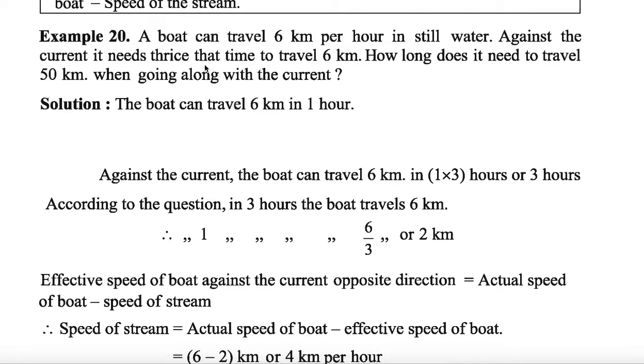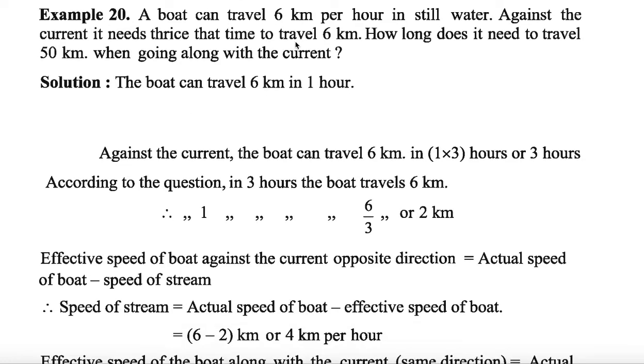So time became 3 times. That means the speed reduced by a factor of 3. So the effective speed is nothing but 2 in this case, that is 2 kilometer per hour.